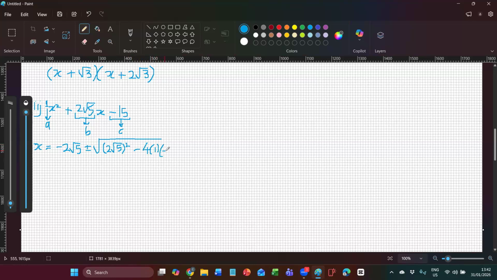Now, I see in this one it's not positive again, so we have to be careful about whatever we're doing here. So here we go. And then we do this all over 2a, and our a is still 1. So it just aligns itself.